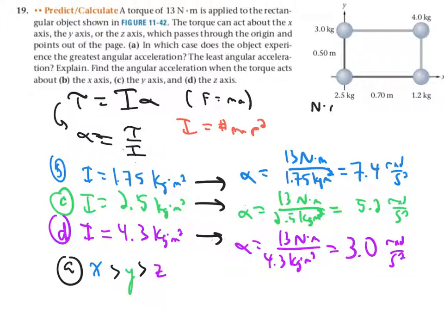We have Newton meters over kilogram meter squared, and a Newton meter is a kilogram meter per second squared times meter over kilogram meter squared. And so we get something per second squared, and we know that radians don't respect dimensional analysis, so they kind of just pop in here and say it's really radians per second squared.